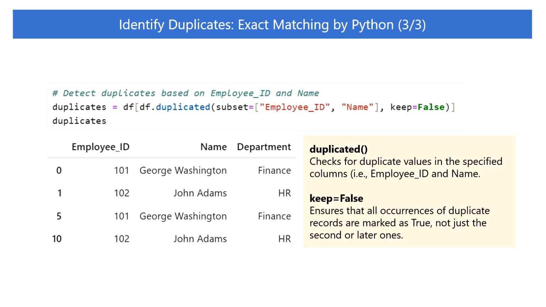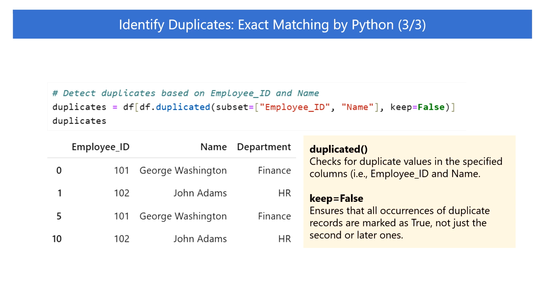Using this code, we can detect exact duplicates in the dataset based on the employee ID and name columns. The duplicated function checks for duplicated values in the specified columns. Here, columns are employee ID and name.